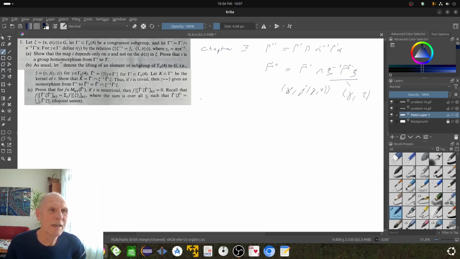And in that case, the matrix gamma is not added to this set at all. And then it becomes obvious that it is added to this set exactly when these two are the same, and that means that it is in the kernel.